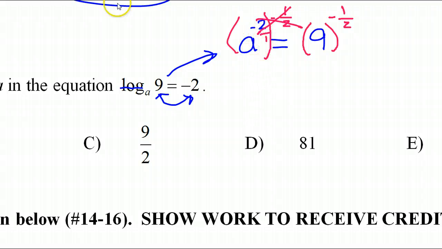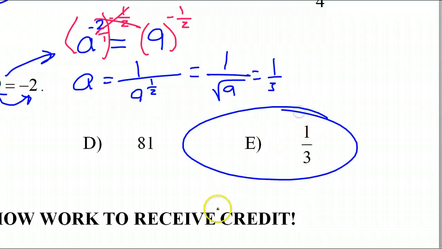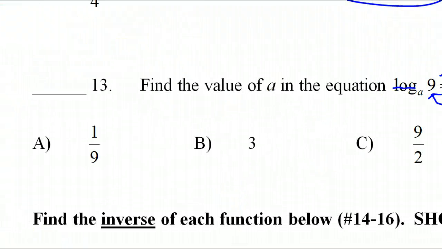So that's just going to leave me with a. So all I have to do is simplify this. Now, a negative power always drops you down. So I've got 1 over 9 to the 1/2 power. Now, 9 to the 1/2 power is the same thing as square root of 9. Square root of 9 is 3. So in the end, I've got 1/3. Let's hunt for it. Oh, bam. The answer is E.